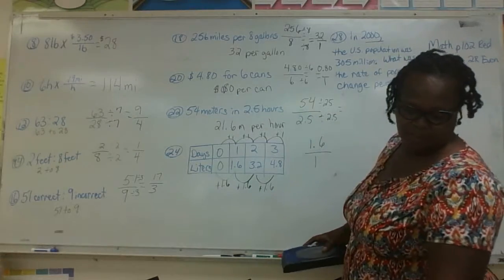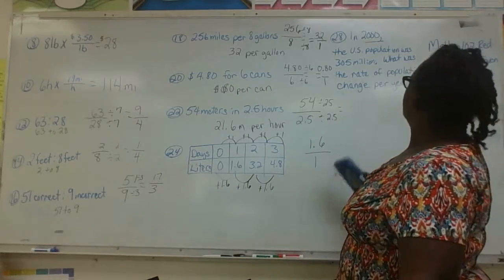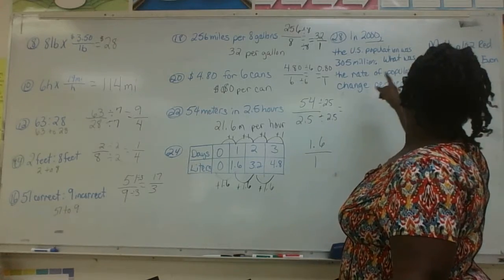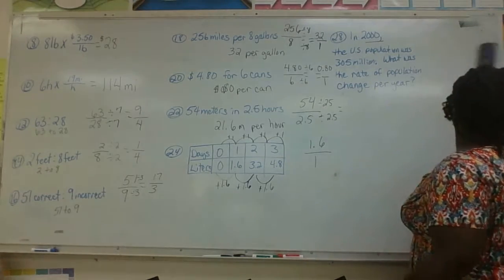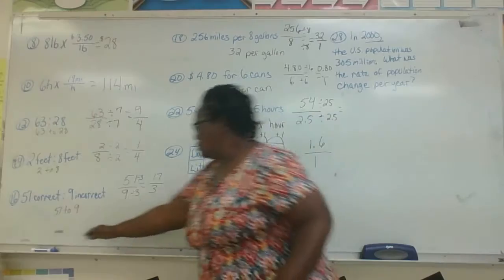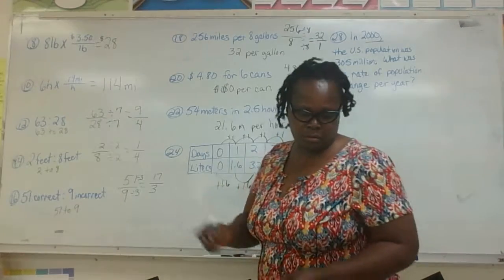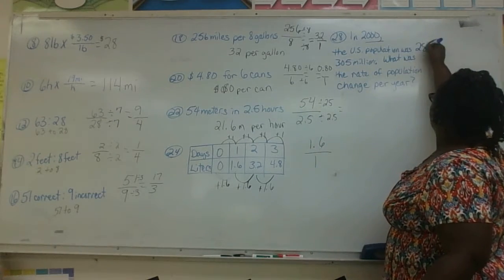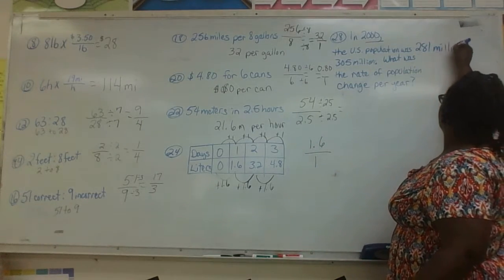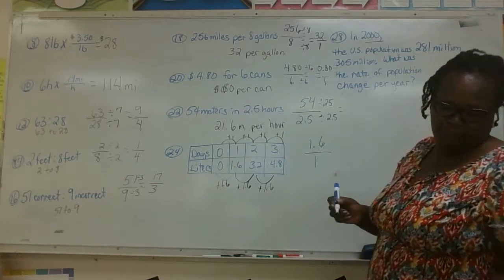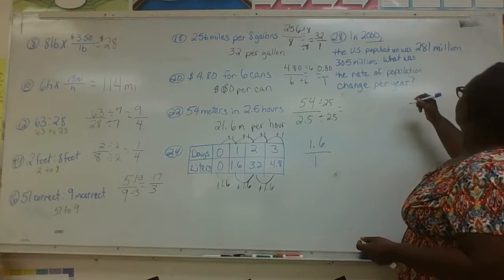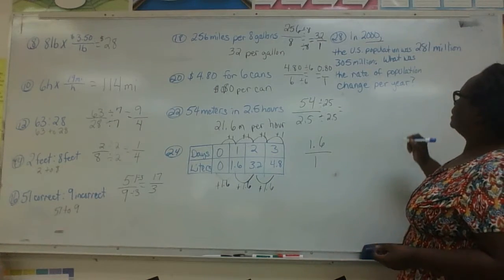In 2000, the U.S. population was 281 million people. All right, that's in 2000.